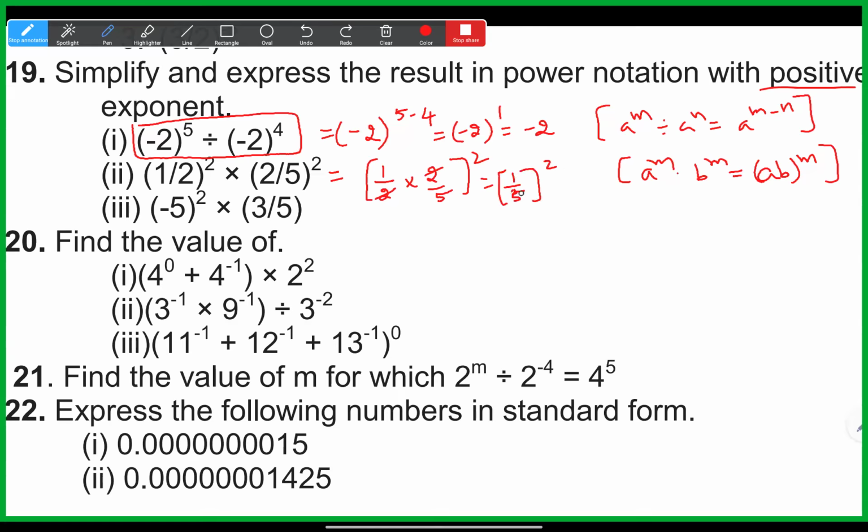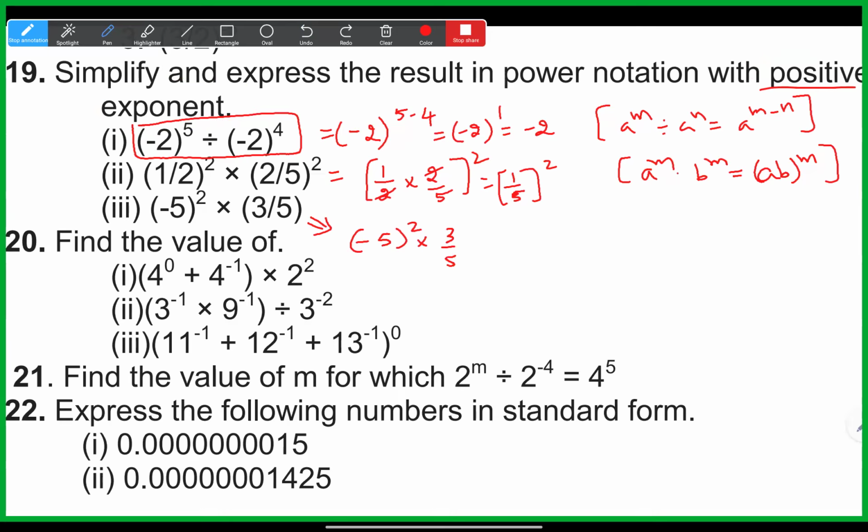We have to leave it here only, for this. Why? Because the reason is positive power notation, no? Yes, sir. That's why we got positive power there. The next one, minus 5 whole square. Which law can we use for this? Here I will write this as minus 5 whole square into 3 by 5.